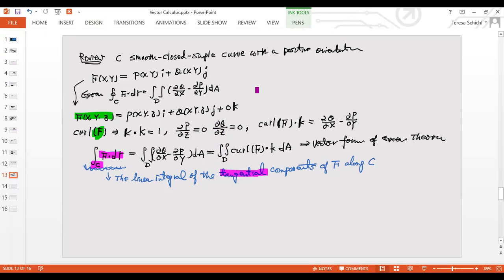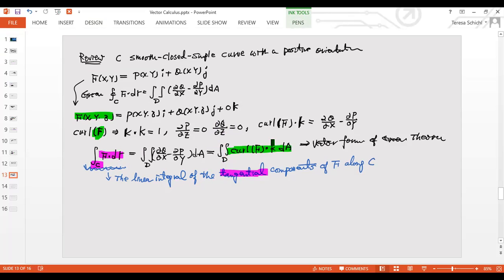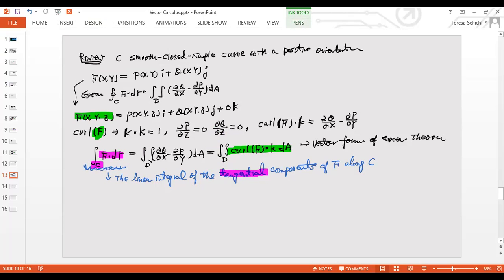And so basically, when you change to the vector form, you can say this is the tangential component of F along the C. After you change it to the curl, we say this is the double integral of the vector components, of the vertical components.